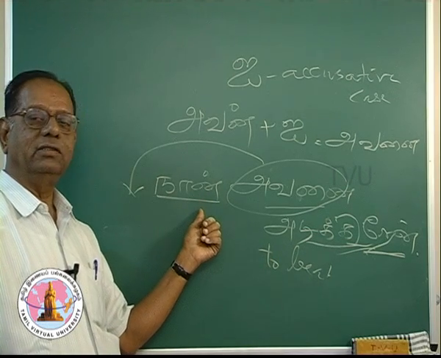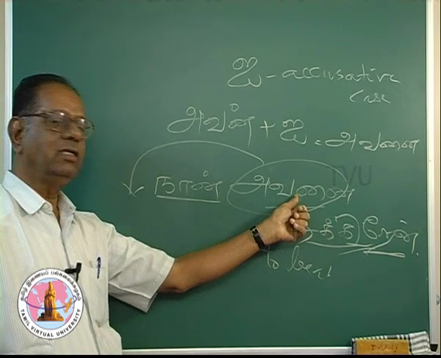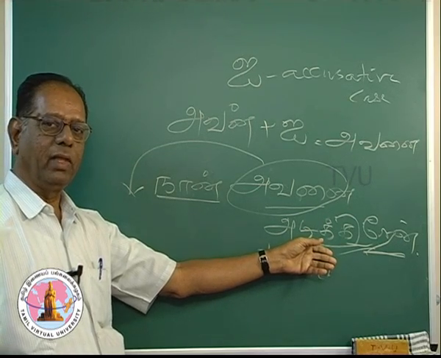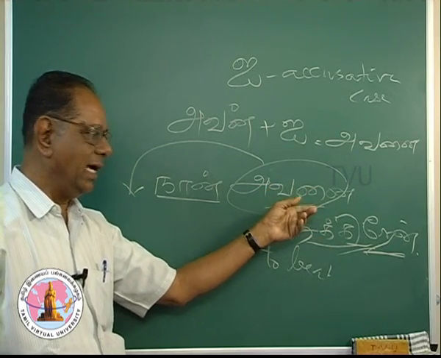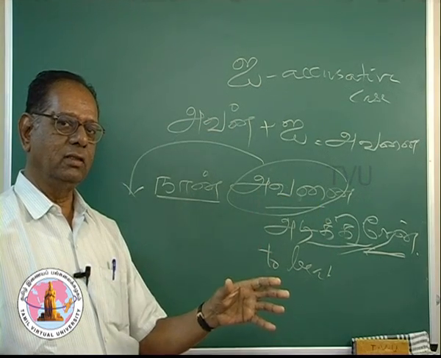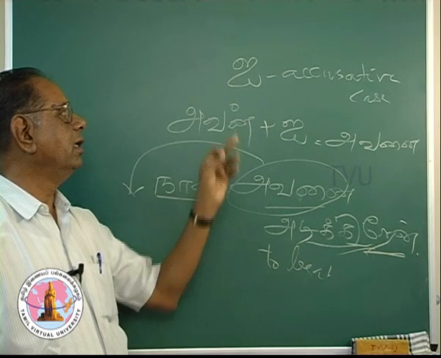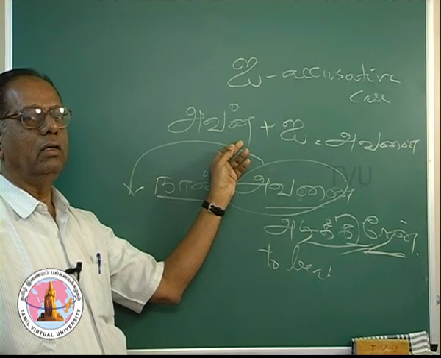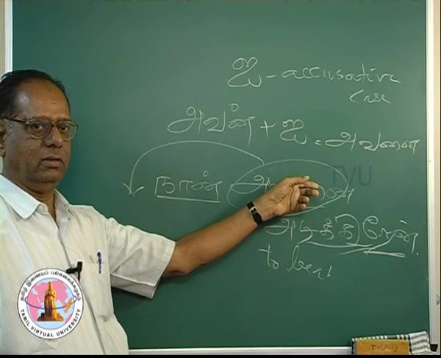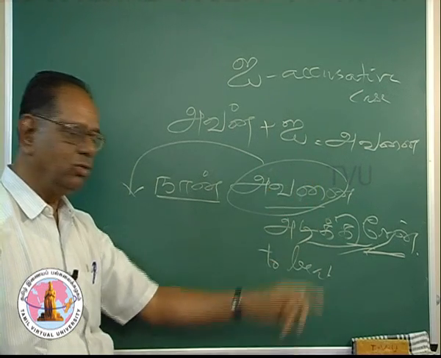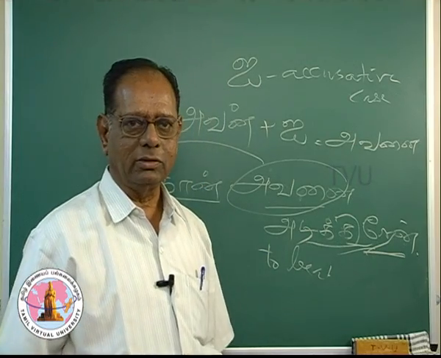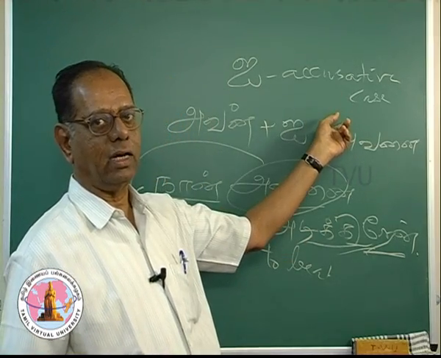The subject remains the subject and the object remains the object and the verb continues to be the same. So, the case marker always decides the position of a noun, whether it is a subject or an object. Let us continue this in the next class, and we will have a few more examples with this case marker I.